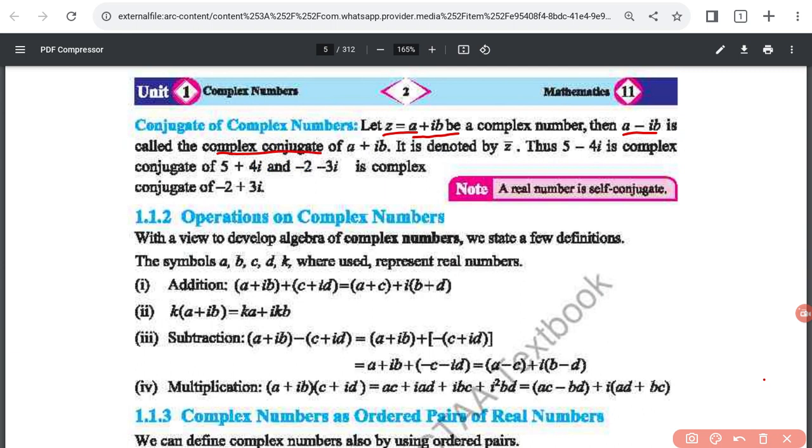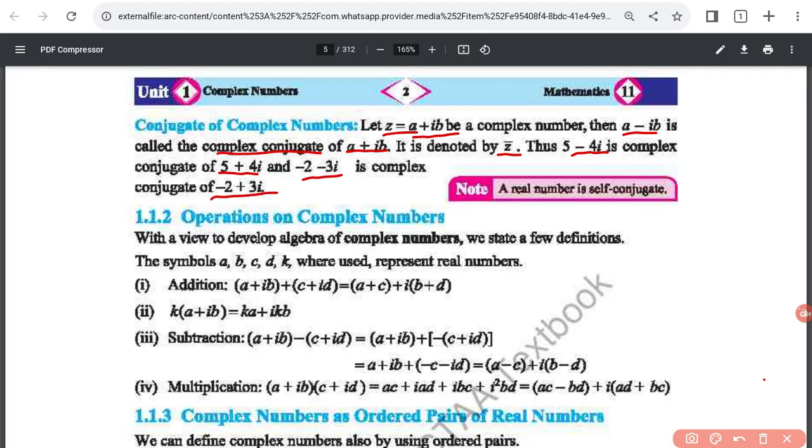In the conjugate we just change the sign of the imaginary part. It is denoted by z bar. Then 5 minus 4 iota is the complex conjugate of 5 plus 4 iota, and minus 2 minus 3 iota is the complex conjugate of minus 2 plus 3 iota.